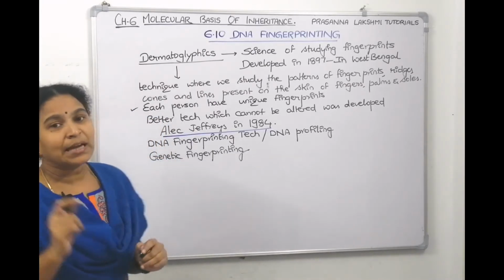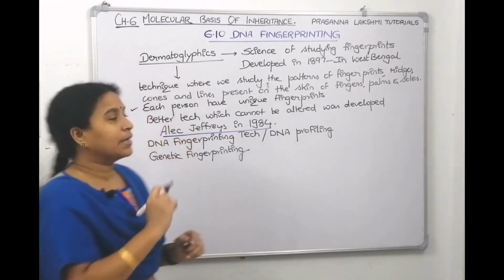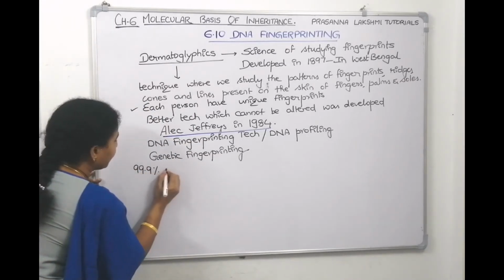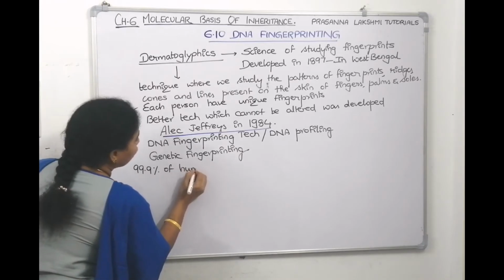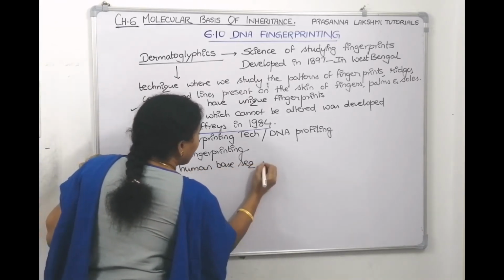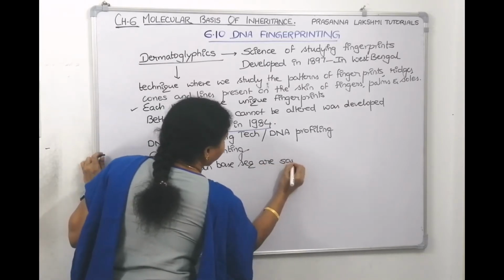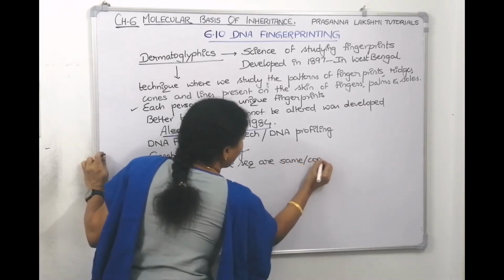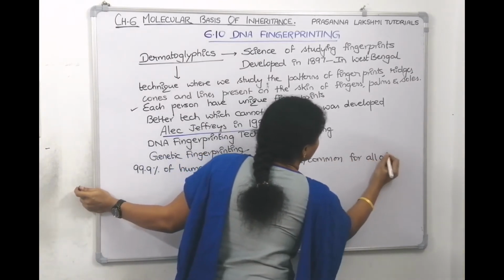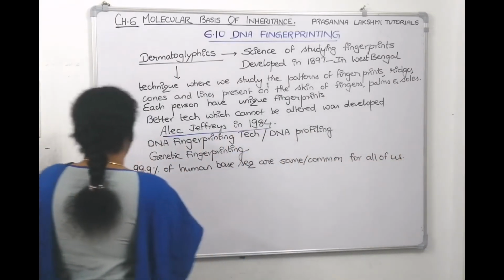How did we come to know that? After doing the genomic sequencing, we came to know that, right? So 99.9% of human base sequences are same, or they are common for all of us.